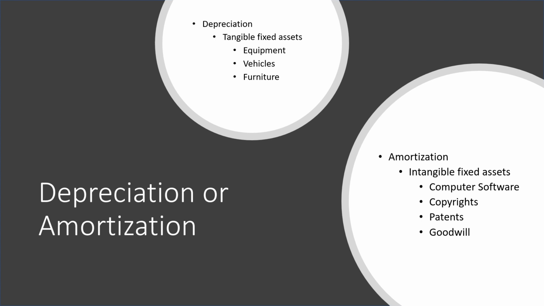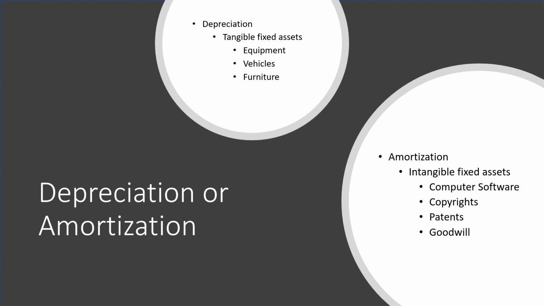One is used for tangible assets while the other one is used for intangible assets. The main difference for our purposes is that depreciation can be calculated on an accelerated basis, while amortization is calculated mostly on a straight line basis over the useful life of the intangible asset.